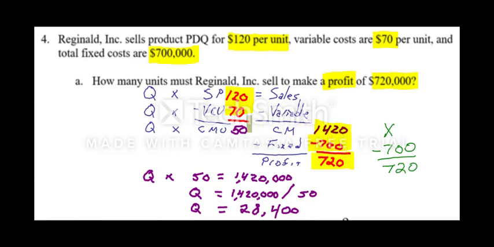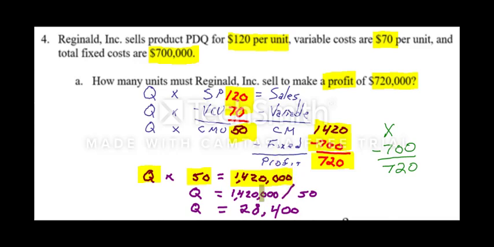Well, that's great. You can calculate the contribution margin per unit by taking the selling price minus the variable cost per unit, and you end up with a contribution margin per unit of 50. Using a little bit of algebra, we can take the quantity sold, which is our unknown, times 50, our contribution margin per unit, which will give us a contribution margin of 1,420,000.